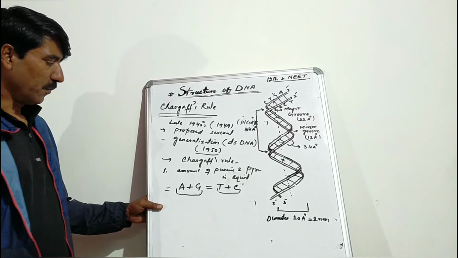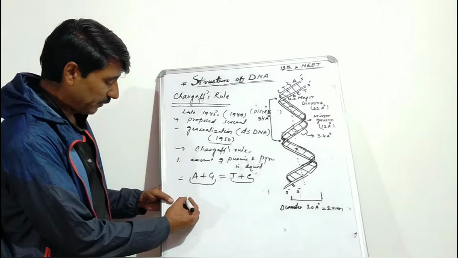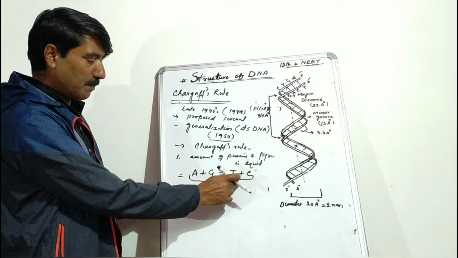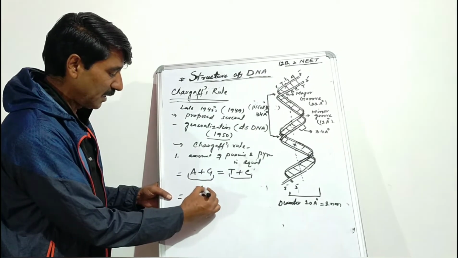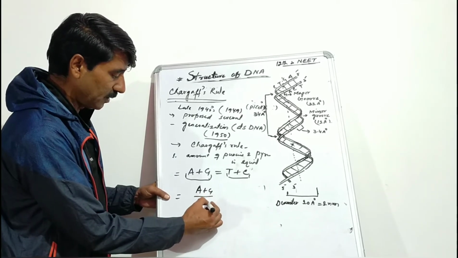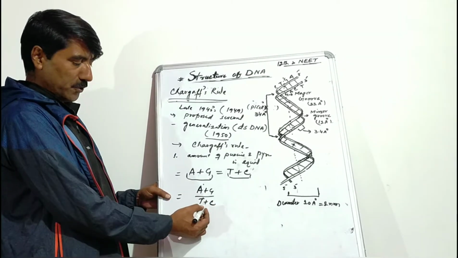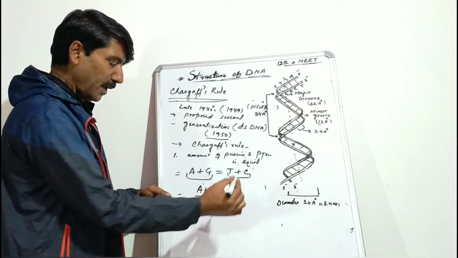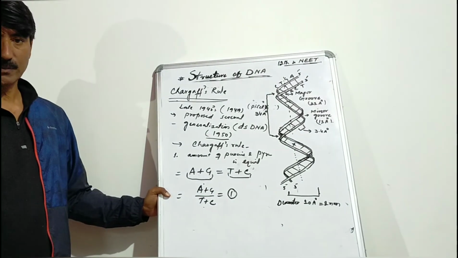Now here we can say that if we take the ratio of the purines to the pyrimidines, that is A plus G divided by T plus C, this will be equal to 1 in a double-stranded DNA molecule.